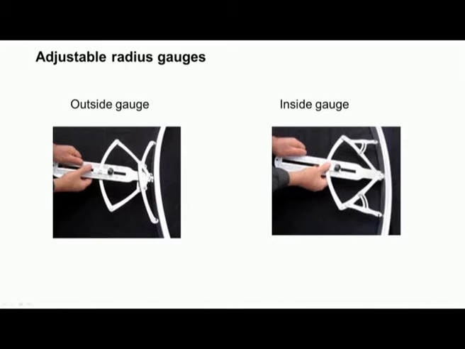When the central point just touches the workpiece, the scale indicates what is the radius. Similarly, this is an inside gauge, the 3 points should be in contact with the concave surface, and the scale directly gives what is the radius.